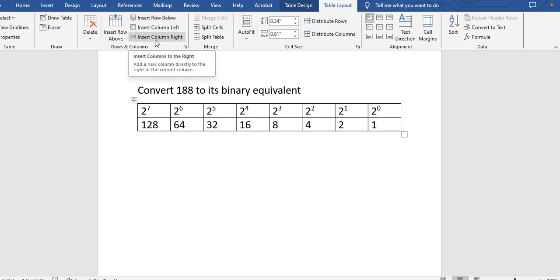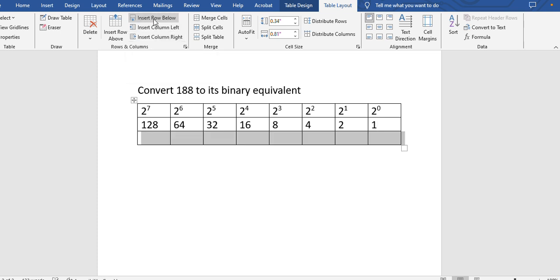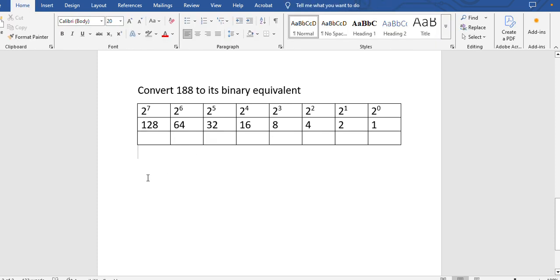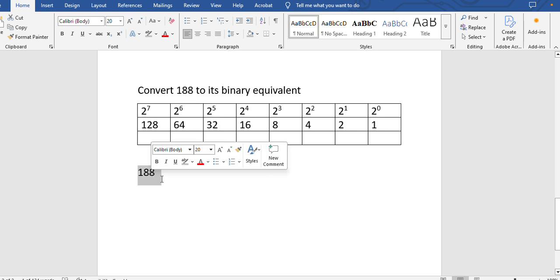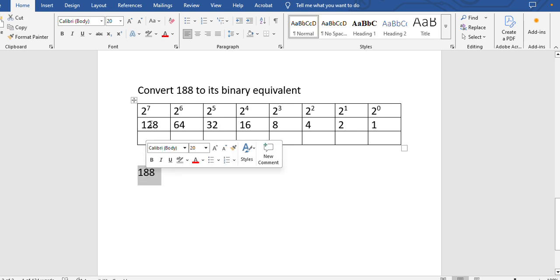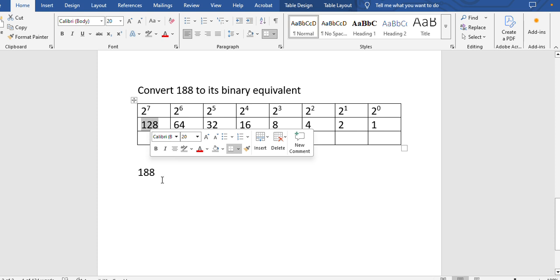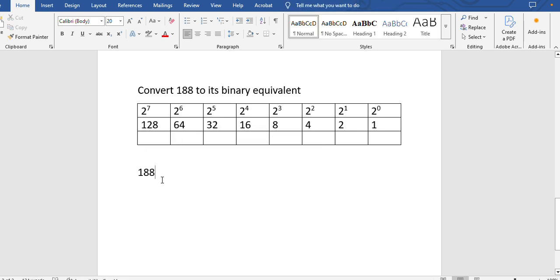This is 16. This is 32. And this is 64. And finally it is 128, like that. Then you can add another row below, so you insert a row below whereby we will be doing your comparison. So our value that we are comparing is 188. This is the number that we want to convert.